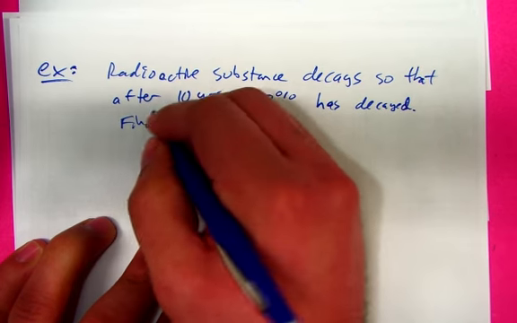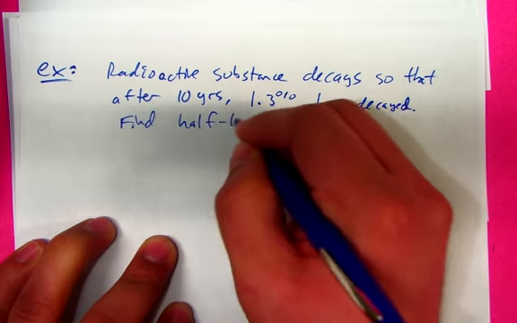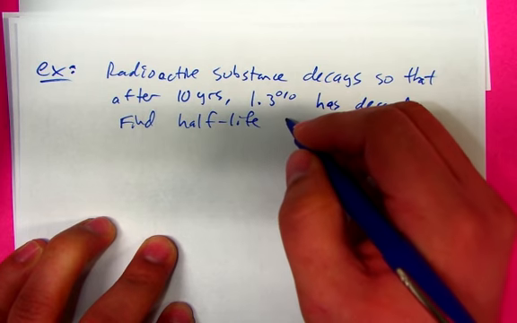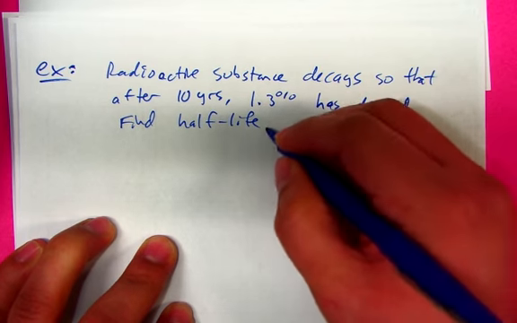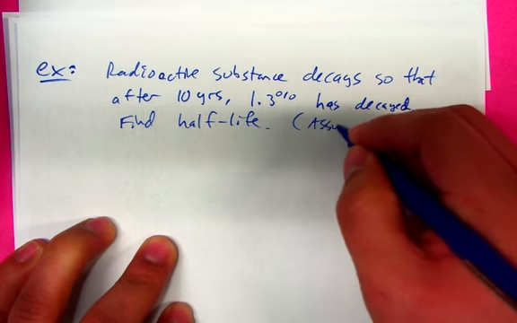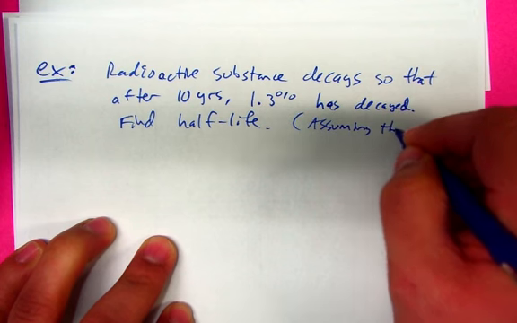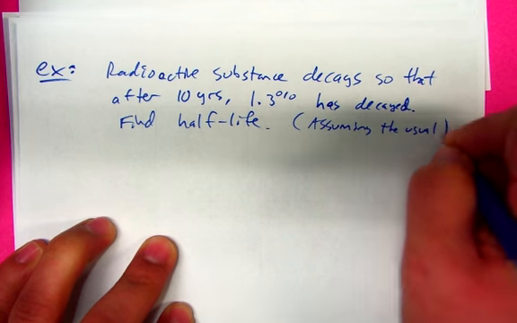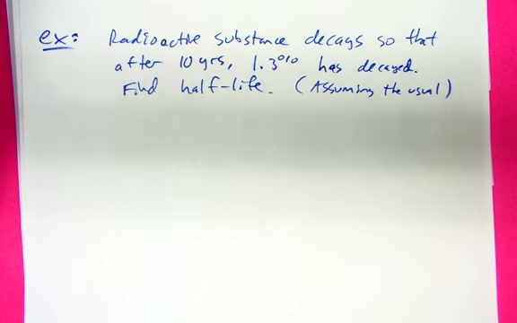Find half-life. And again, this is assuming the usual, I'm not going to write all that out again, assuming that it varies proportionally with the amount present at time t.